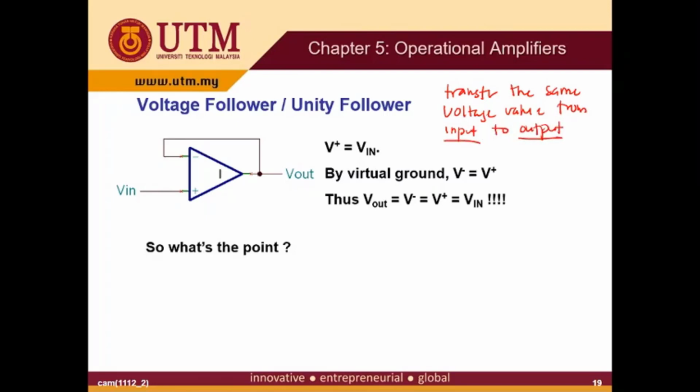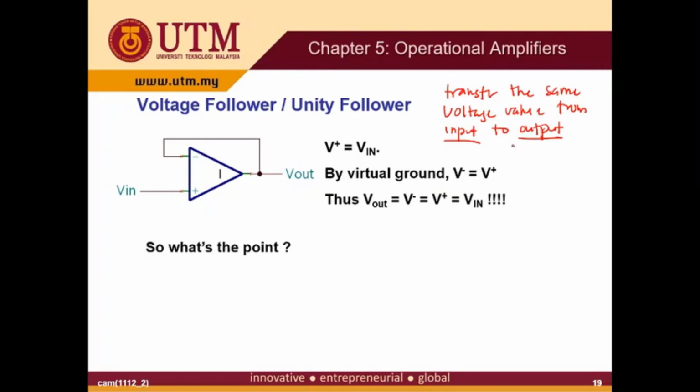Basically it is like connecting a wire from one point to another, because it transfers the same voltage from one point to another. But there is a difference between wiring and the voltage follower.